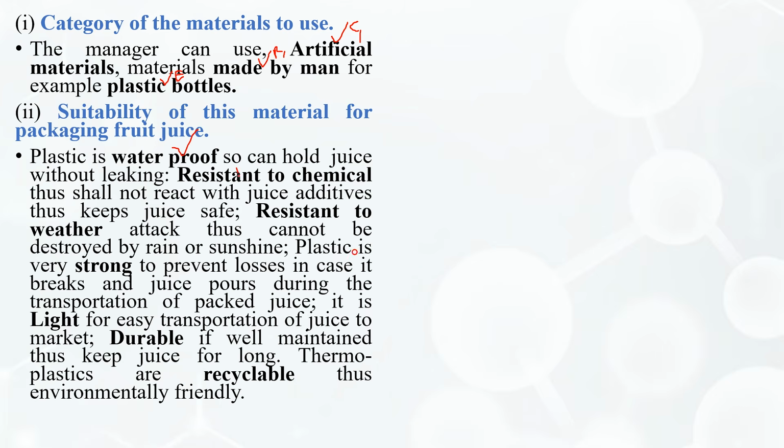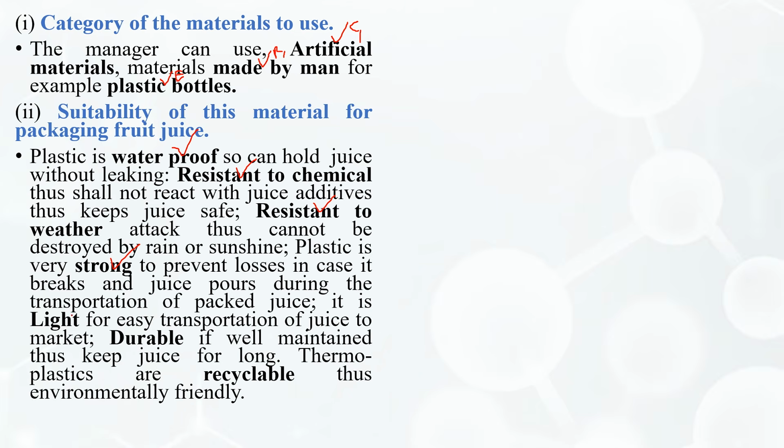It is resistant to chemicals, thus shall not react with juice additives, thus keeps juice safe. It is resistant to weather attack, thus cannot be destroyed by rain or sunshine. Plastic is very strong, another point, to prevent losses in case it breaks and juice pours during transportation.